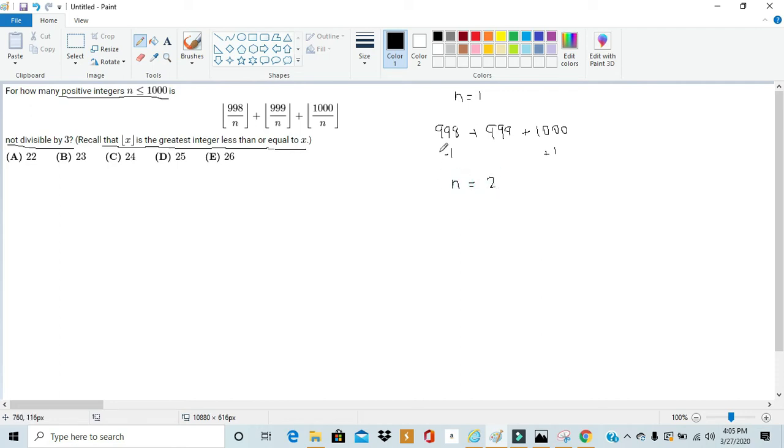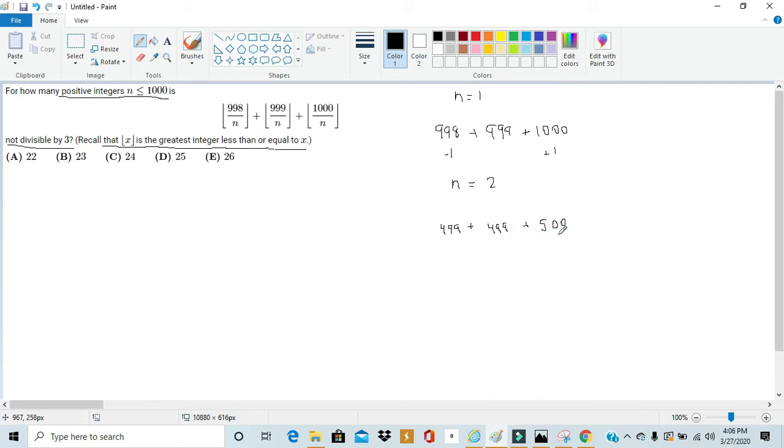Then we get 998 divided by 2 is 499. 999 divided by 2 is 499.5, which the floor function of that is the greatest integer less than that, which is 499. And then 1000 divided by 2 is 500, and the floor function of that is 500.